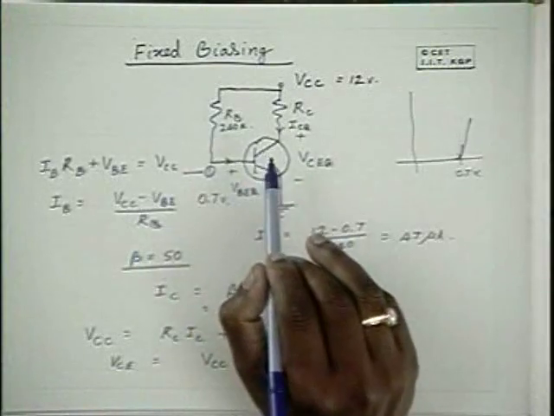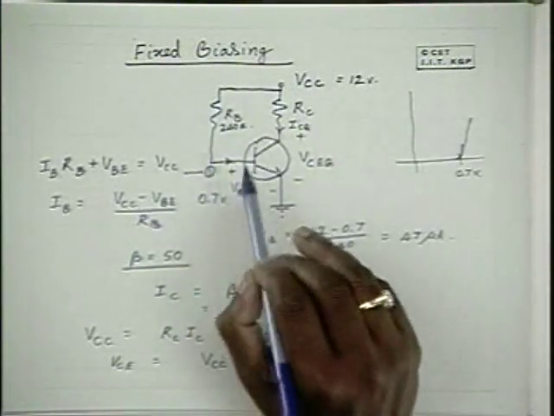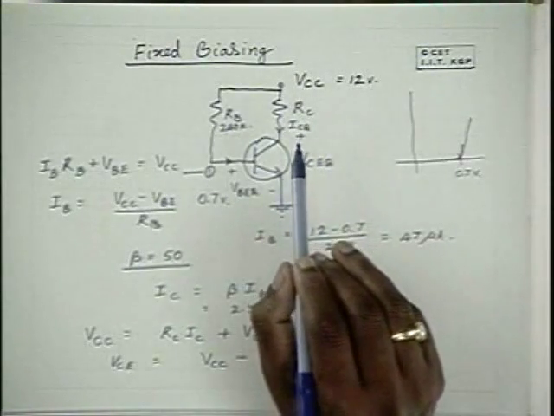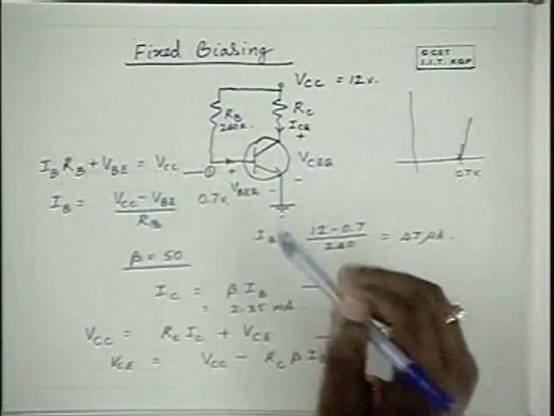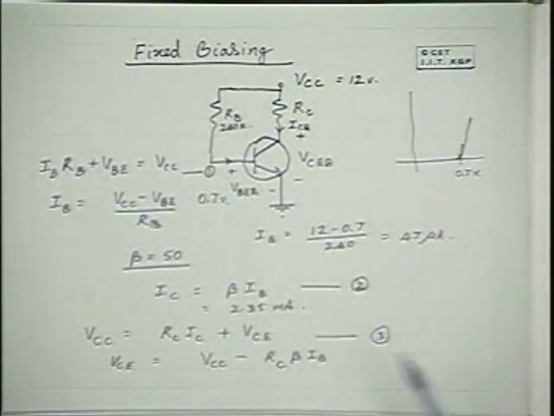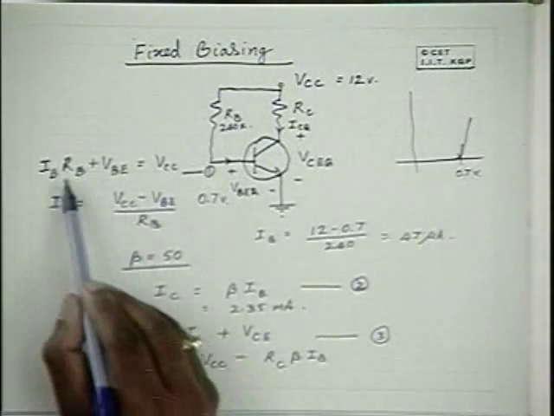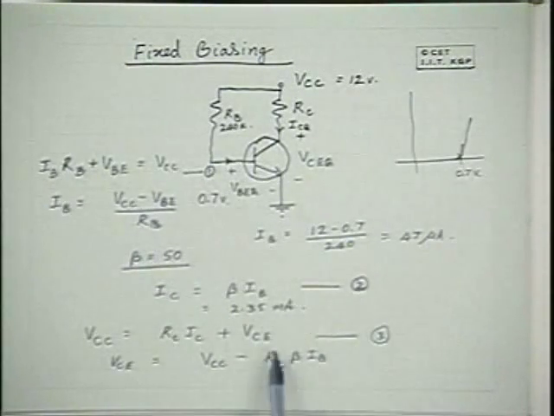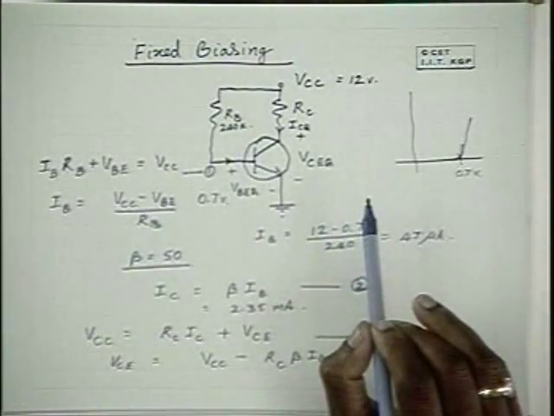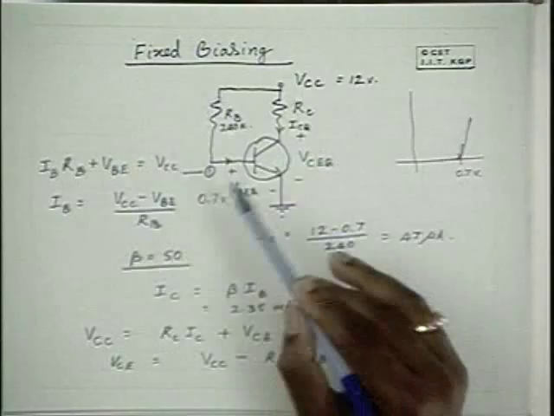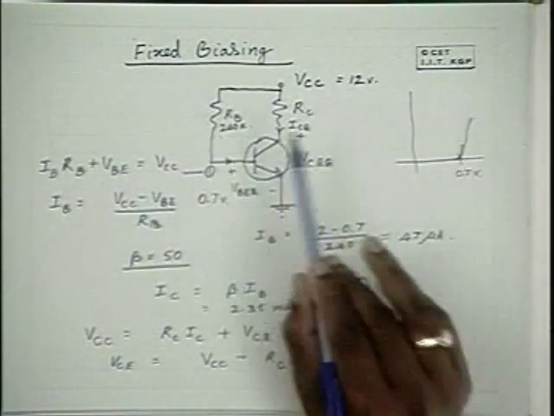As a design, when you are required to design the circuit, the Q point is given to you and you have to find the circuit parameters. You have to find what circuit to use and what are the values of the resistances, etc., to be used. So the design procedure is a reverse operation. These equations govern the circuit. They relate the quiescent values with the circuit parameters like RB and RC.